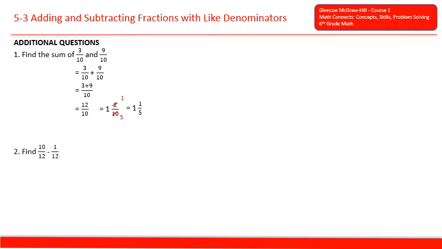Find 10/12 minus 1/12. So if we subtract 1/12 from 10/12, we could do 10 minus 1 over 12, which is 9/12. And 9 and 12 have a common factor of 3. So if we divide 9 by 3, we get 3, and 12 by 3, we get 4. So our answer is 3/4.